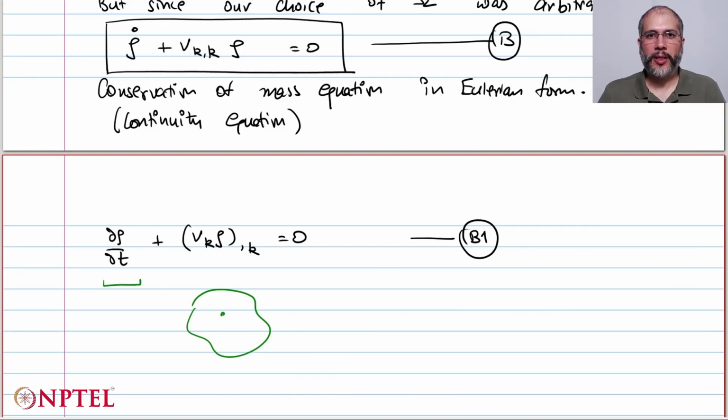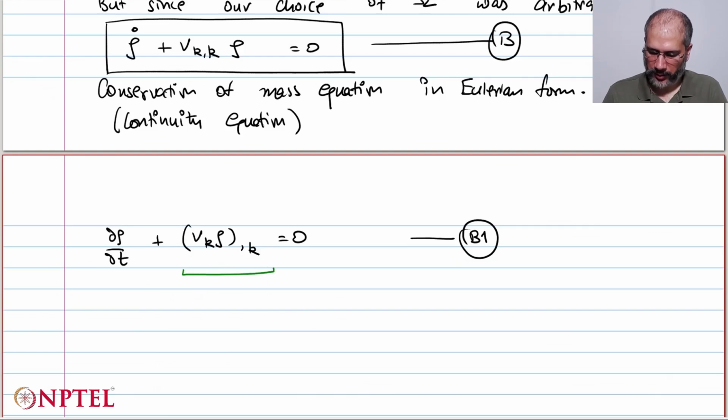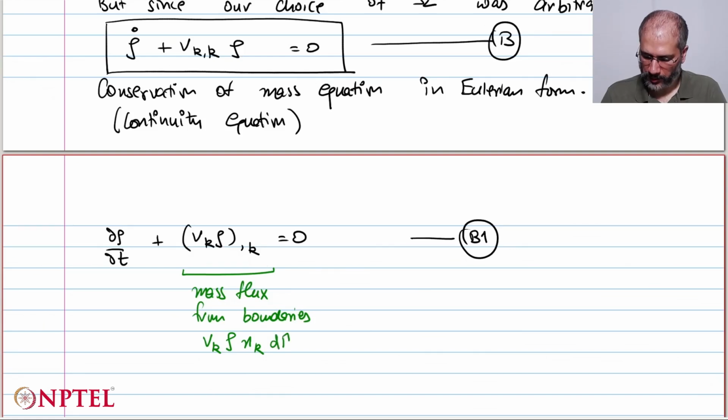So if the density inside the volume is increasing, that is only possible if some material is entering from the boundaries. Remember, we had written this using Gauss's theorem as an integral over a bounding surface. So this term is called the mass flux. In fact, the mass flux is technically Vk times rho times Nk times d gamma.